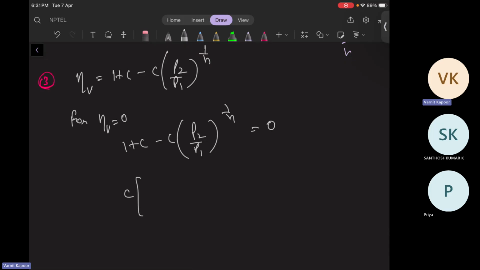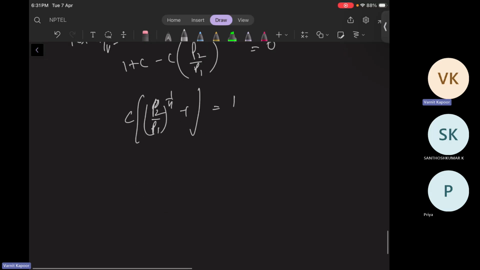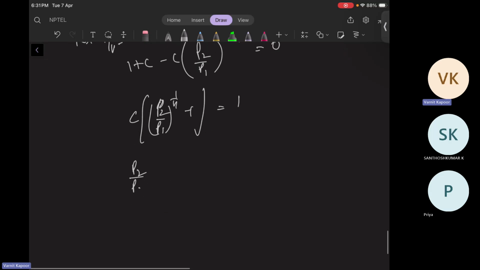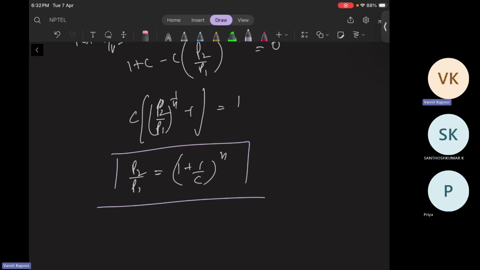Take C common, take this term on the right hand side. So C times (P2 by P1) power 1 by n minus 1 is equal to 1. From here, your pressure ratio will come out to be (1 plus 1 by C) power n. This is your condition for zero volumetric efficiency if it is asked.